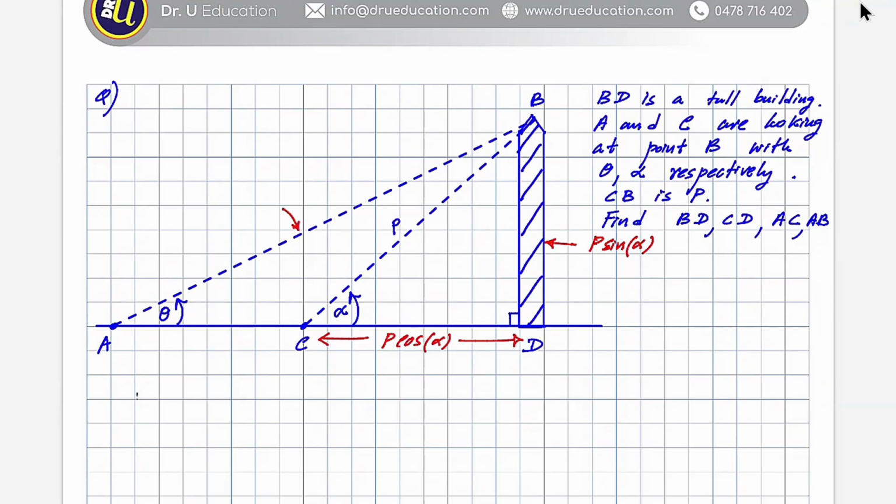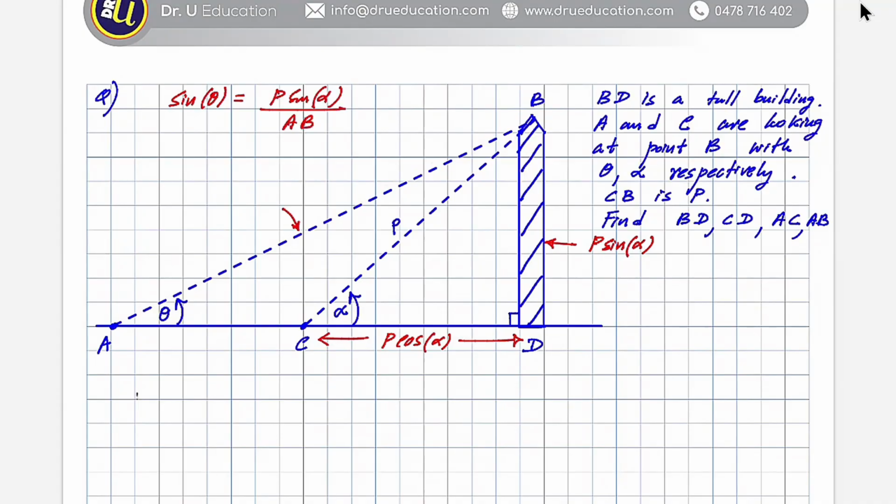So you are going to take this big triangle here. Opposite is there, which is P sine alpha. You need to find the hypotenuse, so I'm using sine theta. Sine theta is opposite, which is P sine alpha, divided by hypotenuse, AB.